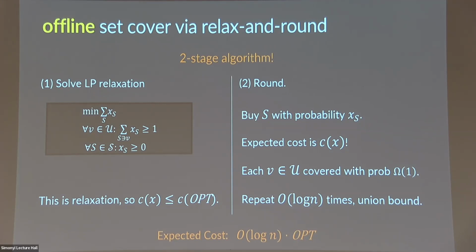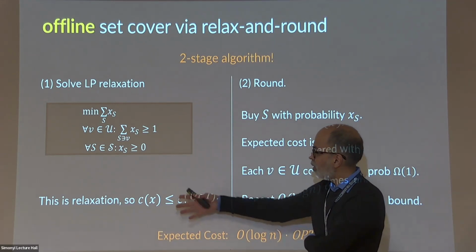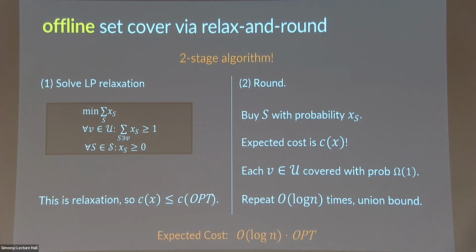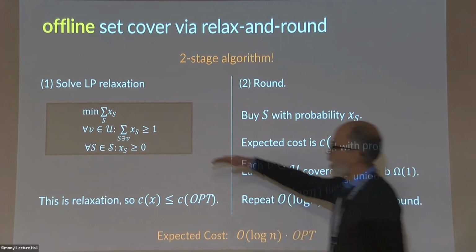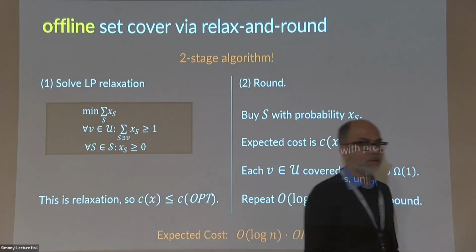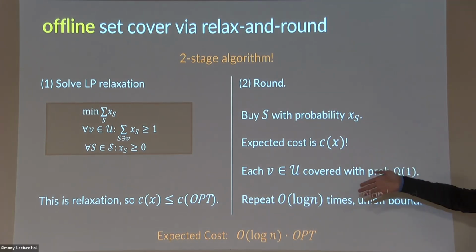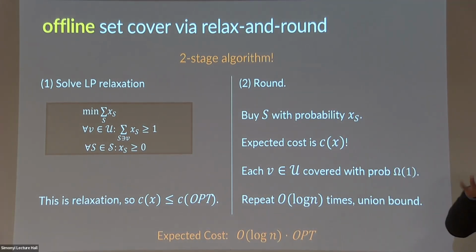Online, there's going to be one change. I'm going to solve this LP relaxation online. So the constraints of this LP are going to come one by one. An element comes and it'll add a constraint to this LP. And I need to solve this LP online. I have to round online as well, but this rounding online can be done easily.